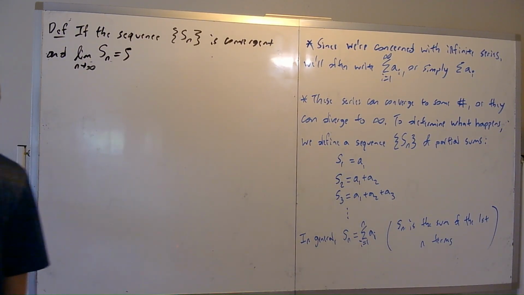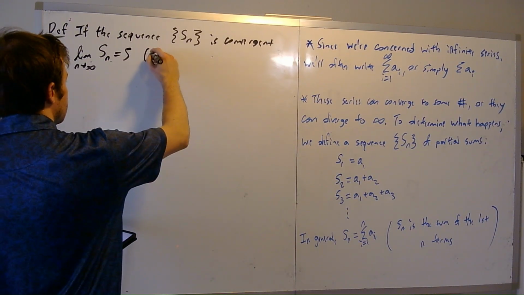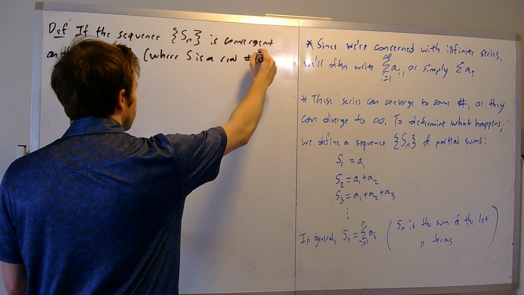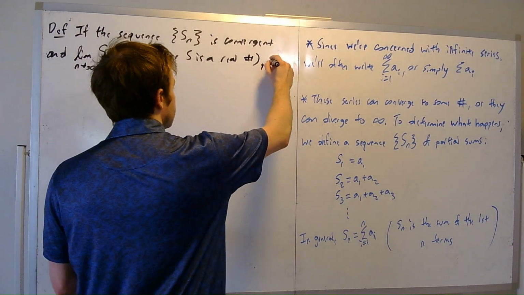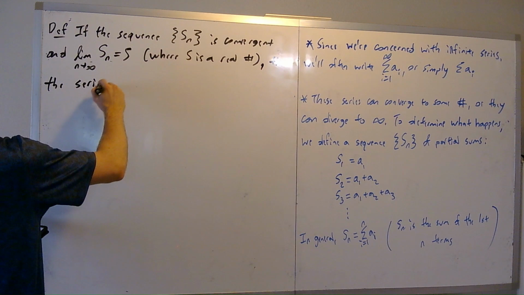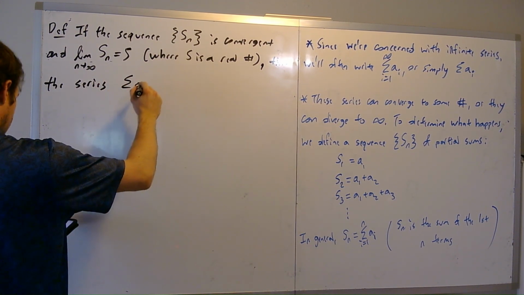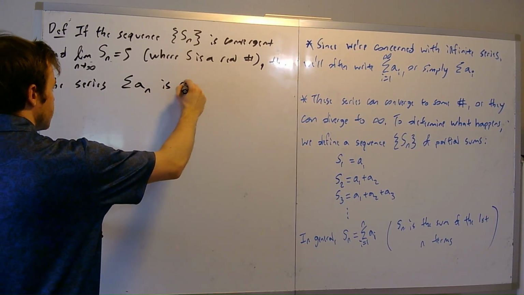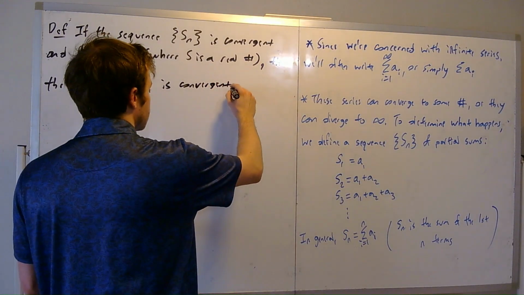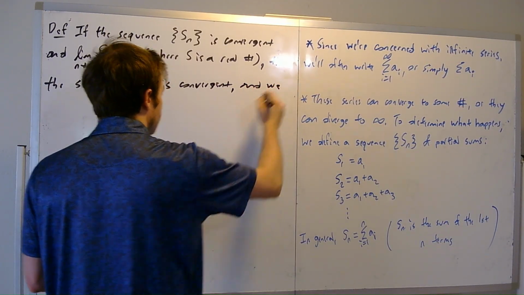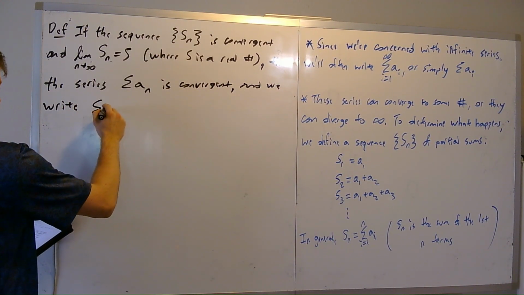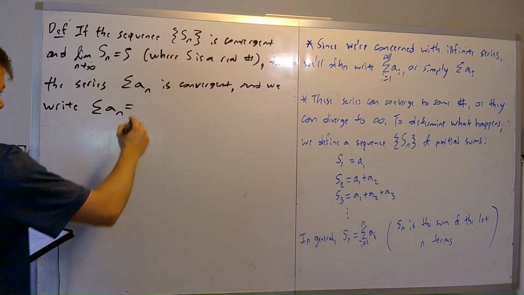So S is just a number, where S is a real number, then the series, the sum of all of these a_n, is convergent and we write the sum of all of these entries is equal to S.